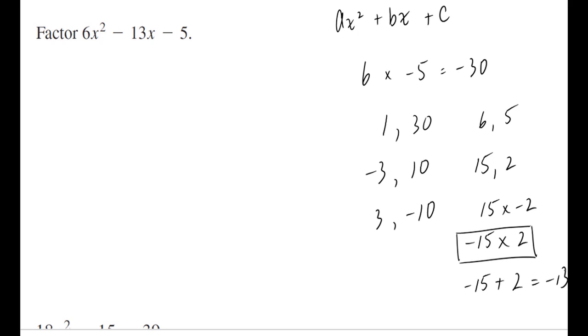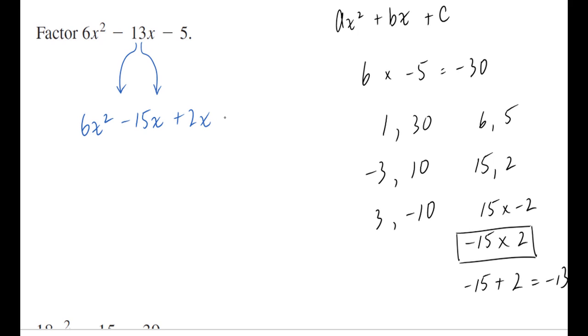So now that we found the right combination, what we will do is we will decompose this middle term using the two terms that we found, negative 15 and 2. So let me show you. 6x squared minus 15x, and it doesn't matter how you place them. That's not very important.